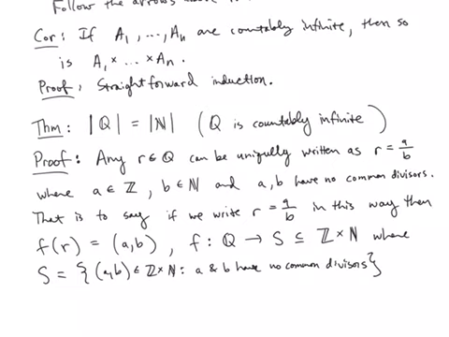So if we write r as a over b in this way, then this function from Q to this set is a bijection.